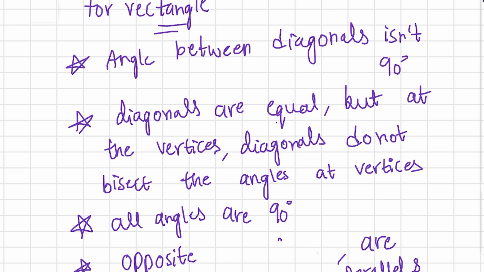Adjacent sides are congruent. That is the only one point for kite. Nothing else. So that is about kite. And isosceles trapezium, right?